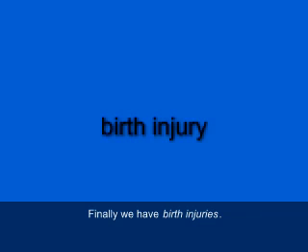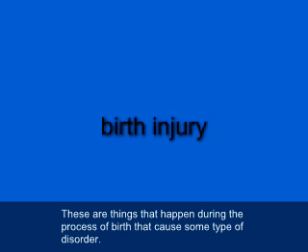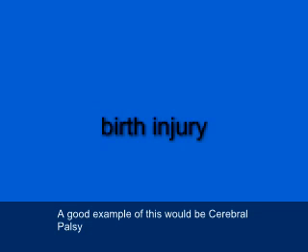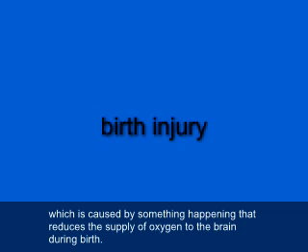Finally, we have birth injuries, and these are things that happen during the process of birth that cause some type of disorder. A good example of this would be cerebral palsy, which is caused by something happening that reduces the supply of oxygen to the brain during birth.